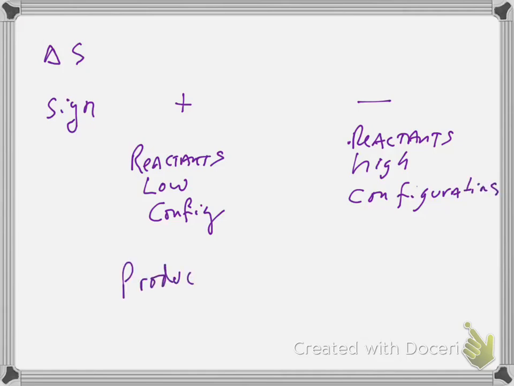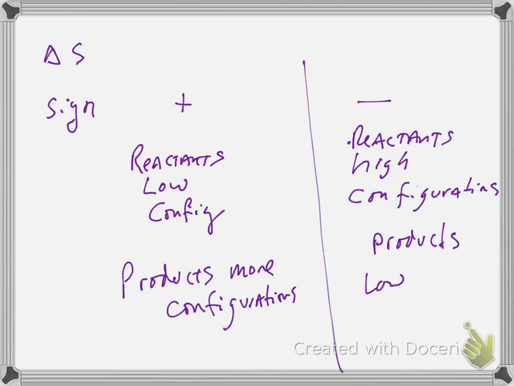In a positive sign of delta S, reactants go from low configurations to products that have higher configurations, while a negative sign means the reactants that have high configurations go to products that have low configurations. So it's really important to make sure that you can identify the correct sign for delta S based on this type of trend you see.